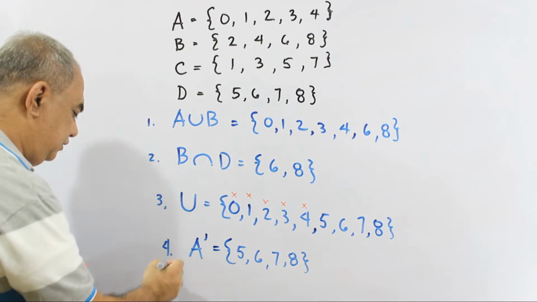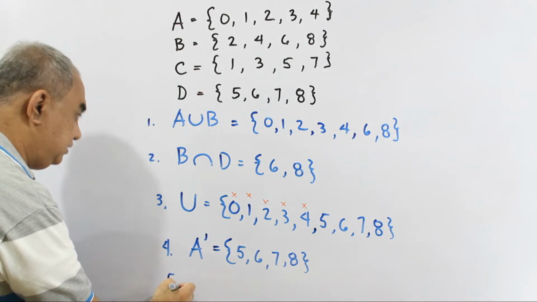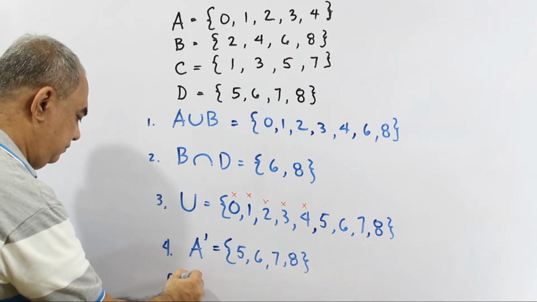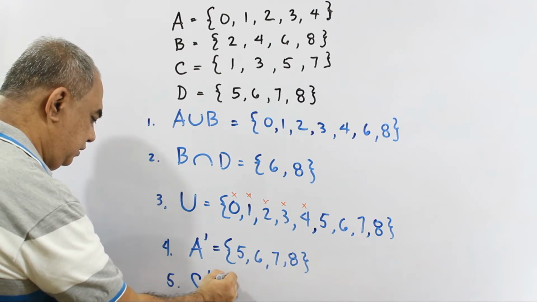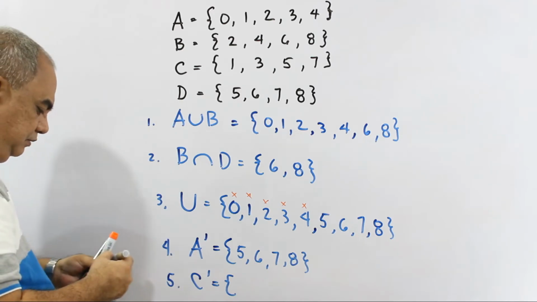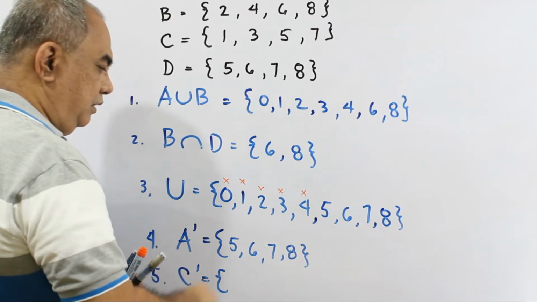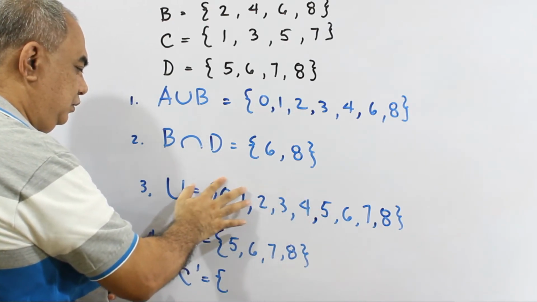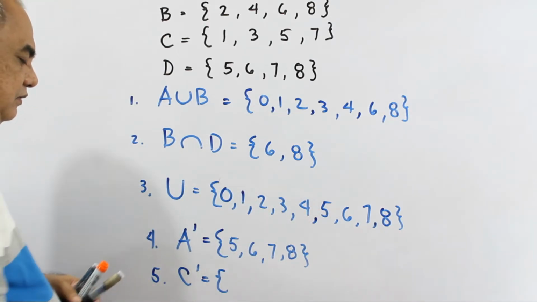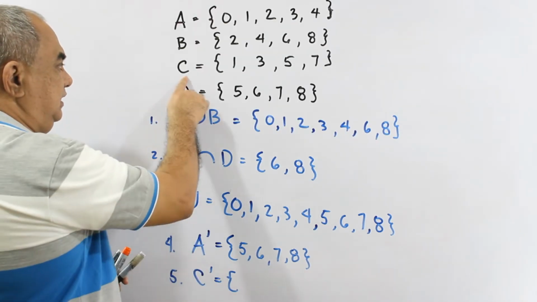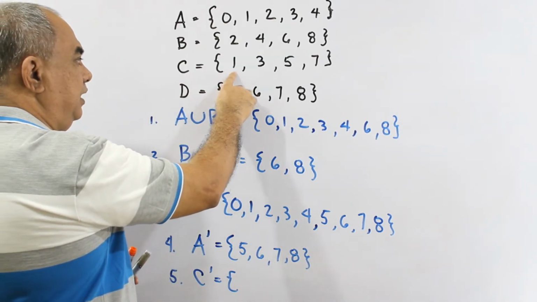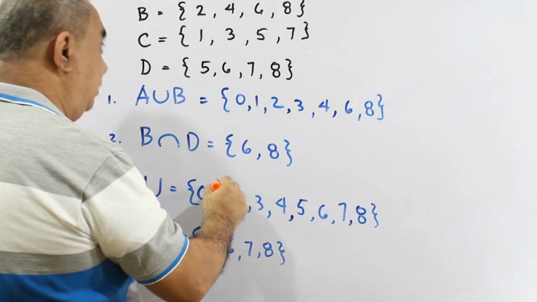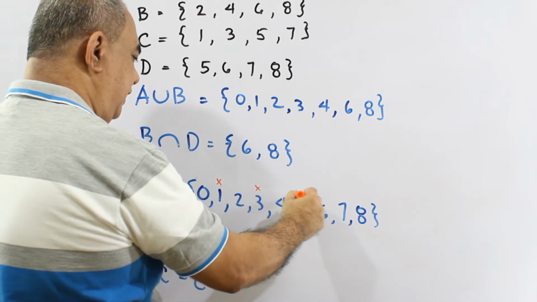So let's try another complement. Let's consider the complement of set C. We put here the open brace. Now we're going to erase all these X's here, and we're going to put a mark on the elements of set C, and we have elements like 1, 3, 5, 7. We're going to put a mark here for 1, 3, 5, 7.